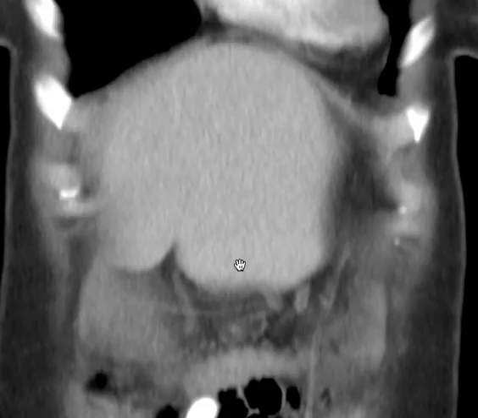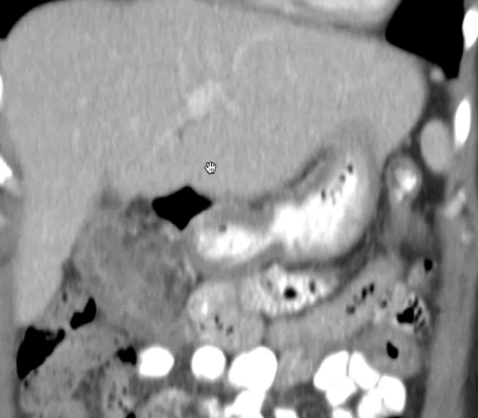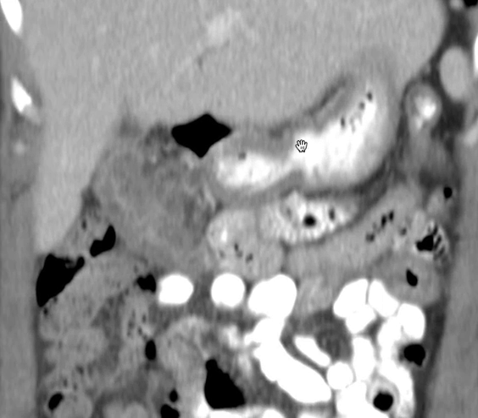There's the liver. Now here we go. So now you can see the stomach, and you have this thickened segment of bowel that is the proximal transverse colon.